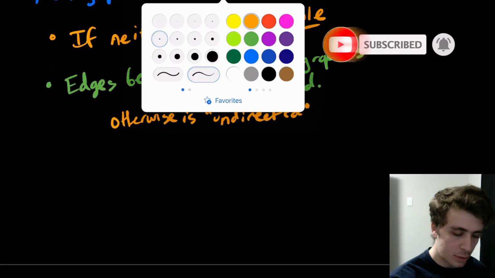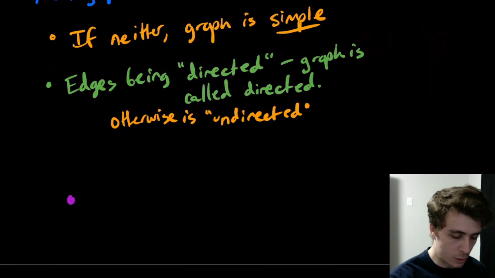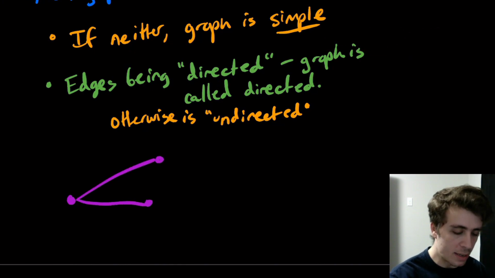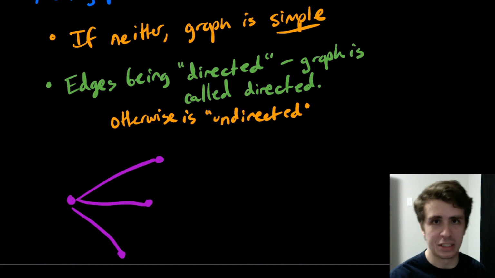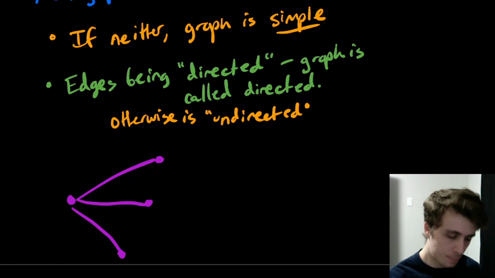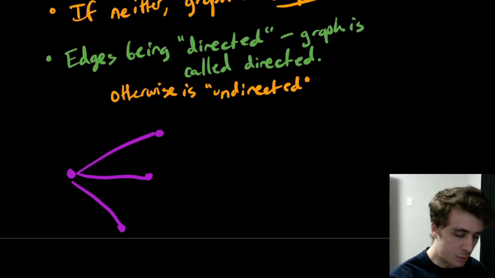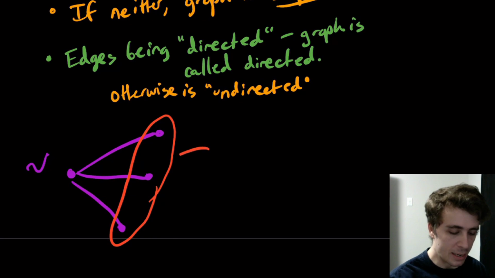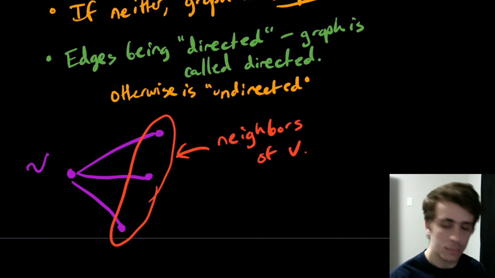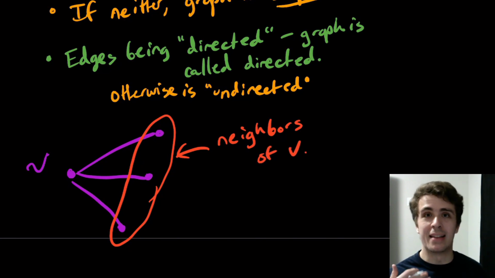Okay, so let's actually look at a particular vertex right here. We're in an undirected case, although it doesn't matter very much here. Let's call this vertex V. All of these nodes that it connects to are called the neighbors of V. The neighbors are the people who live right next to you, right?